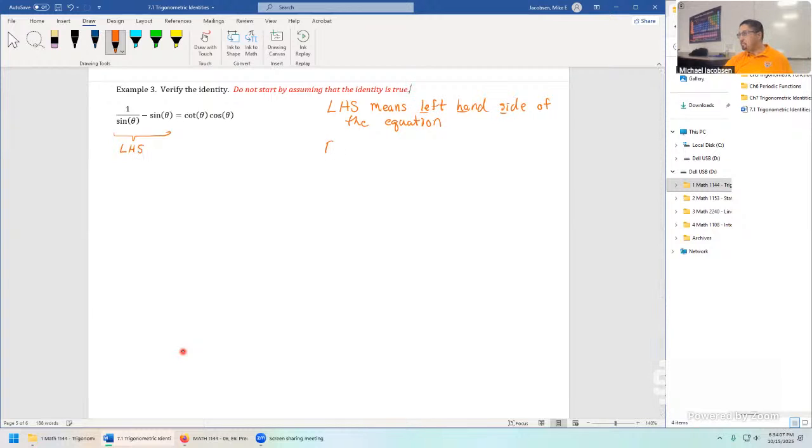Then likewise, we'll use RHS to mean right-hand side. So that's the RHS. They'll just refer to the right-hand side of the equation. So that means this stuff, here to here. This is the right-hand side of the equation.